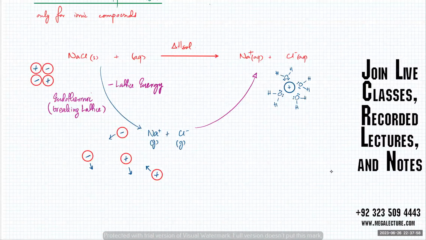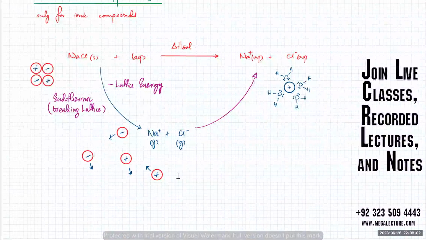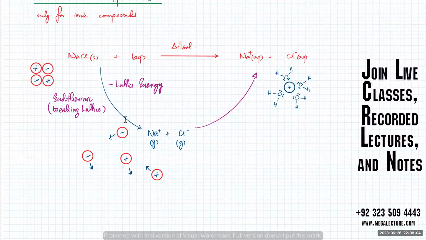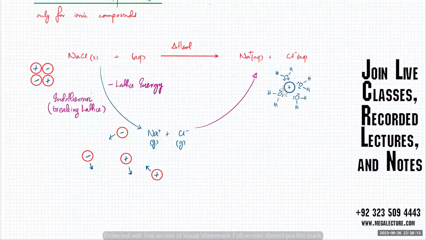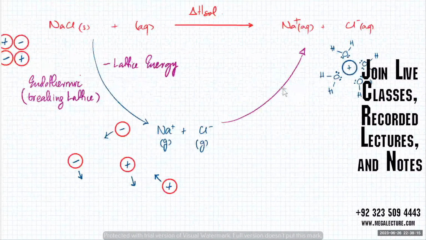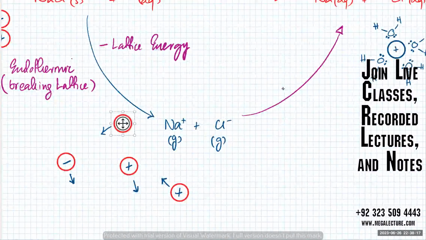That's the whole process of dissolving. You take a tiny NaCl crystal, stir vigorously, you provide the energy to break the lattice, and as soon as the lattice gets broken, the ions attract water molecules and get completely surrounded by water molecules. The same exact thing will happen with the negative ion as well.